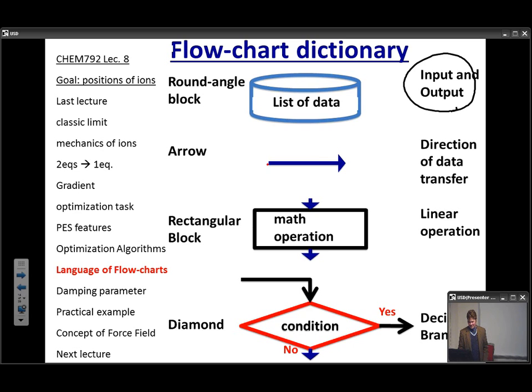You are tracing the data going from one variable to another variable, or from one carrier of data to another carrier of data. And then there are some math operations. I don't know, adding something, subtracting something, making some functions like sine and cosine. And that is represented by a square block.